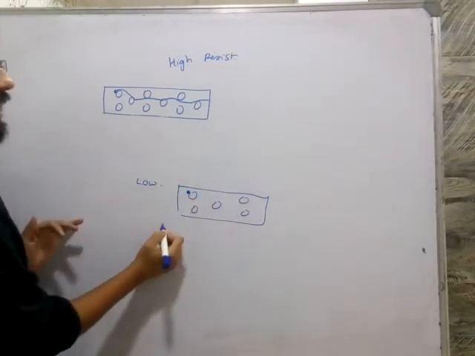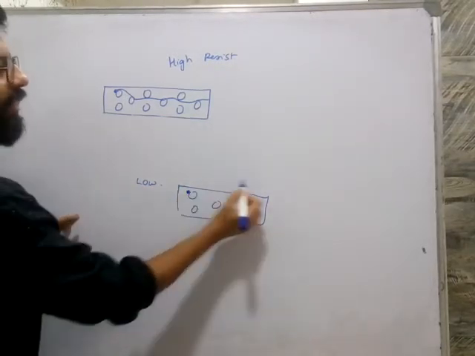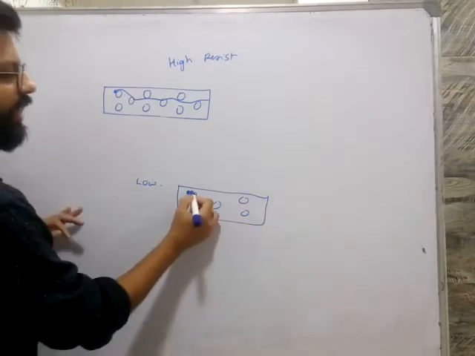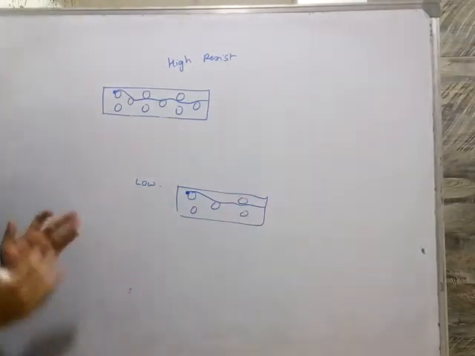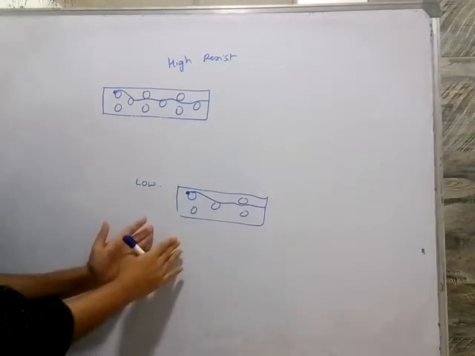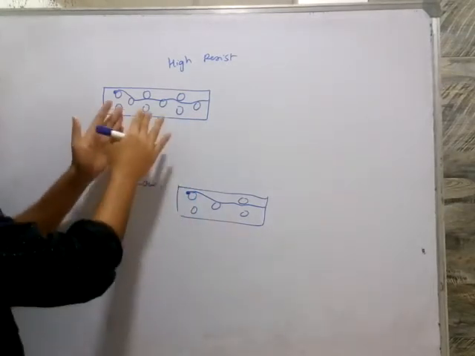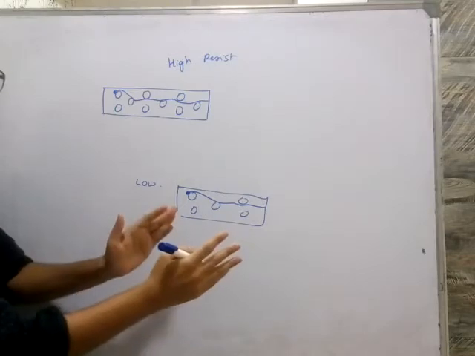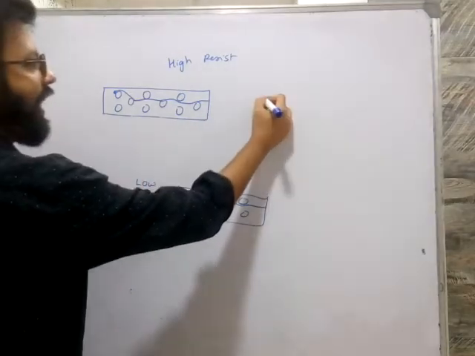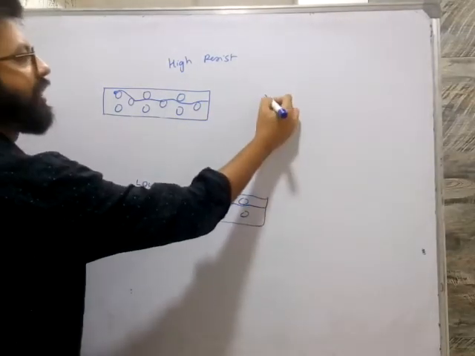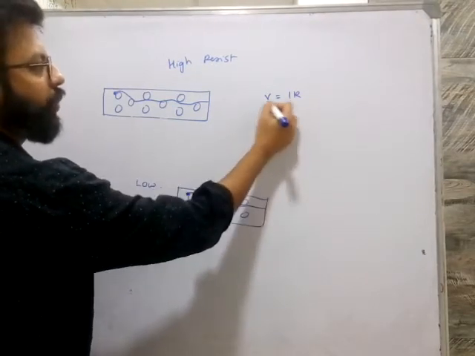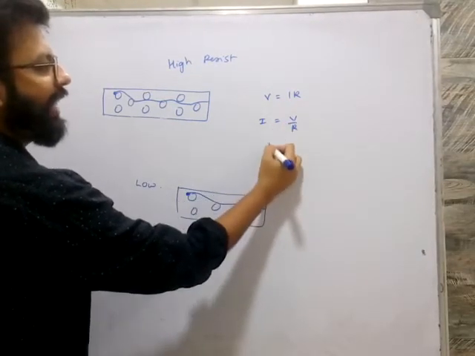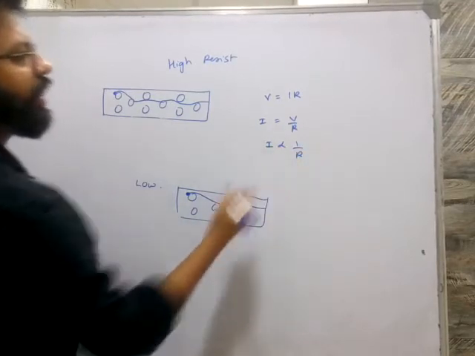So this is my electron. When it has to reach the destination, it will flow, and since there are fewer atoms, it will reach in quick time. So less resistance, more current; more resistance, less current. Current and resistance are inversely proportional. V is equal to IR, so I is equal to V upon R. So I is inversely proportional to resistance.